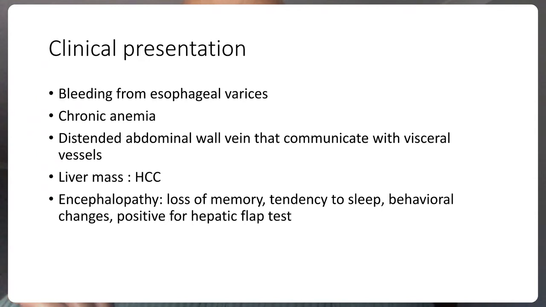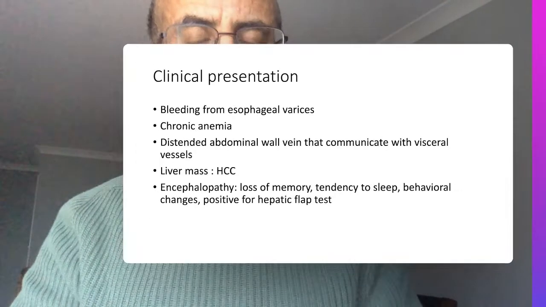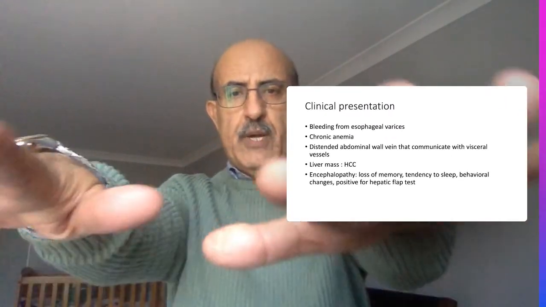And when you examine them, we look for the hepatic flap test, where we ask them to close their eyes and put their hands straight and put the fingers apart in that way.